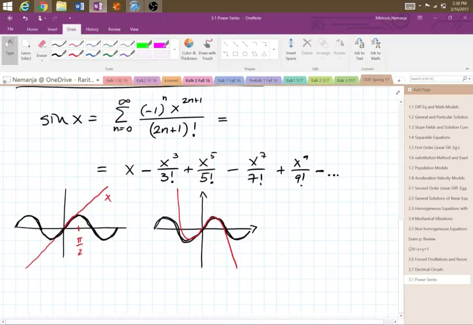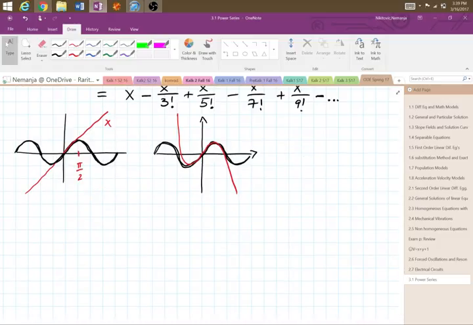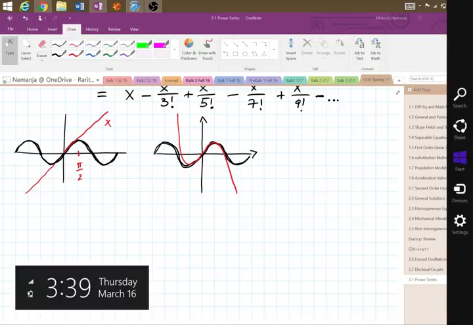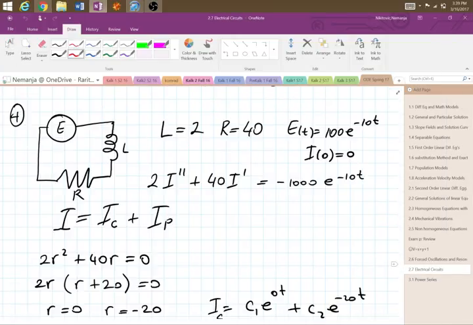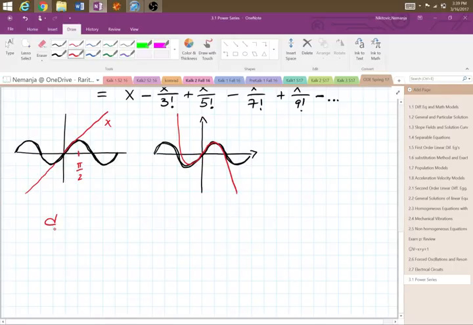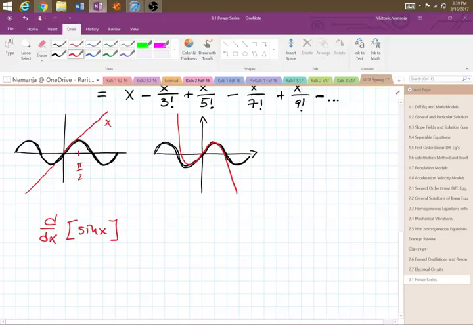So now, the derivative of sine x would be the derivative of this polynomial.